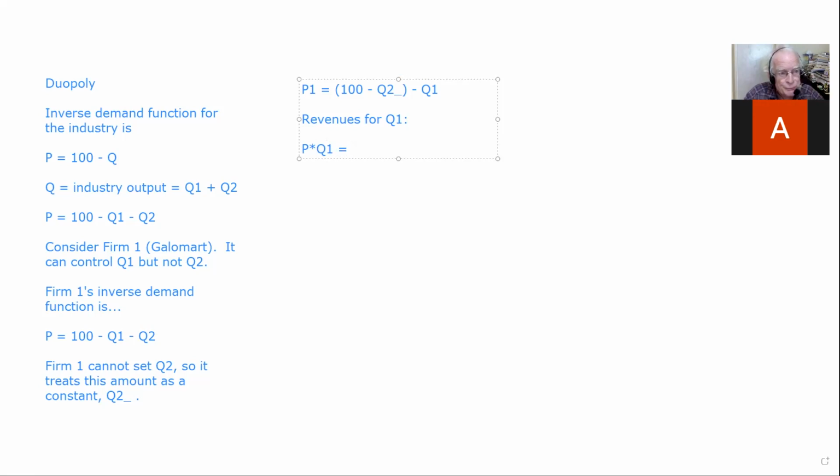And we've seen that for Q1, the price is 100 minus Q2, which is all constant up to this point, minus Q1. This being the price times Q1 gives their revenues.